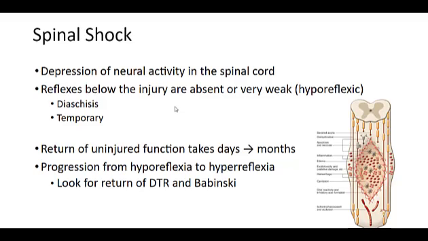Over the next few days to months, you're going to see some of that calm down, and you can have some return of function from areas that were uninjured initially. And as that happens, you as the clinician may be looking out for signs to see when the hyporeflexia is moving to hyperreflexia. So you're going to be keeping an eye out for a return of a Babinski or a deep tendon reflex, for example.